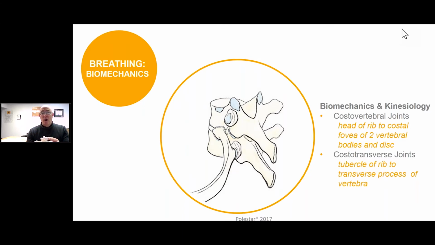So according to rule number 1, when you go into extension, the rib's going to move anteriorly. So let's just play with that in our own bodies. If we go into extension, the vertebra go into extension, the disc goes anterior, and so do the ribs. So the ribs are going to move anteriorly with rule number 1.